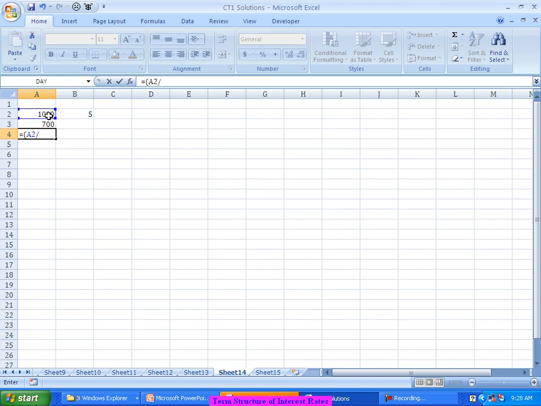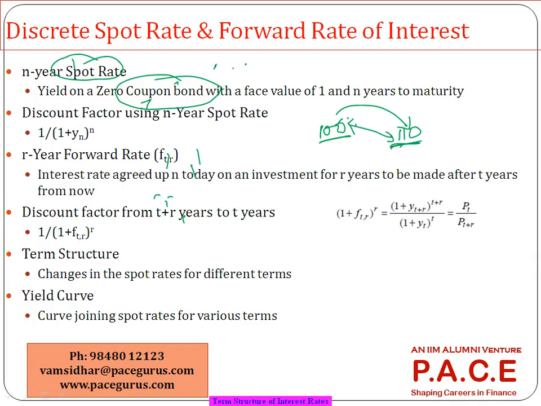This divided by this to the power 1 by 5. This is a compounding interest formula. So it is saying around 7.4% happens to be the 5-year spot rate. In this example, almost 7.39% is the 5-year spot rate. So that's how we define the N-year spot rate.